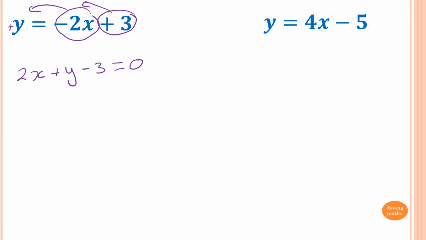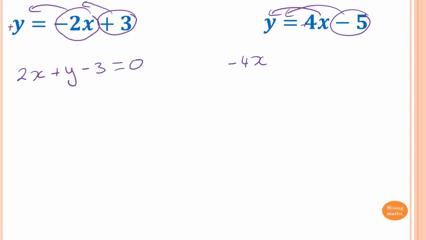Look at the next one here. y equal to 4x minus 5. Again, I just move everything to this side. The conditions are ax plus by plus c is equal to 0. So I move the 4x and it becomes minus 4x, because there's nothing in front of 4, it means positive 4.